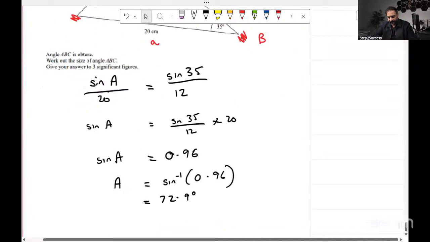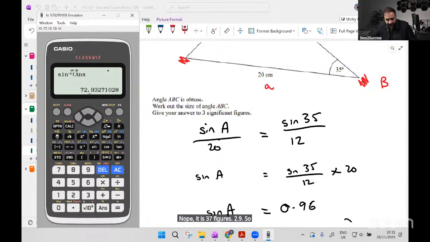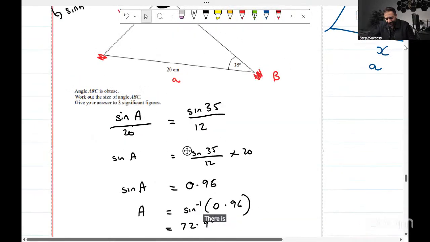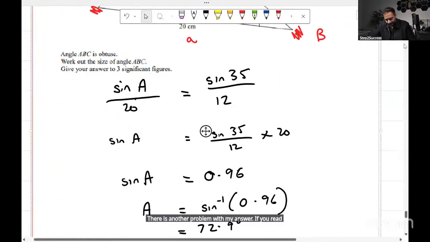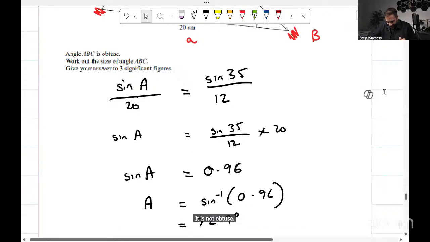It is three significant figures, 72.9, so that's not the problem. There is another problem with my answer, if you read the question again. It is not obtuse. Correct.